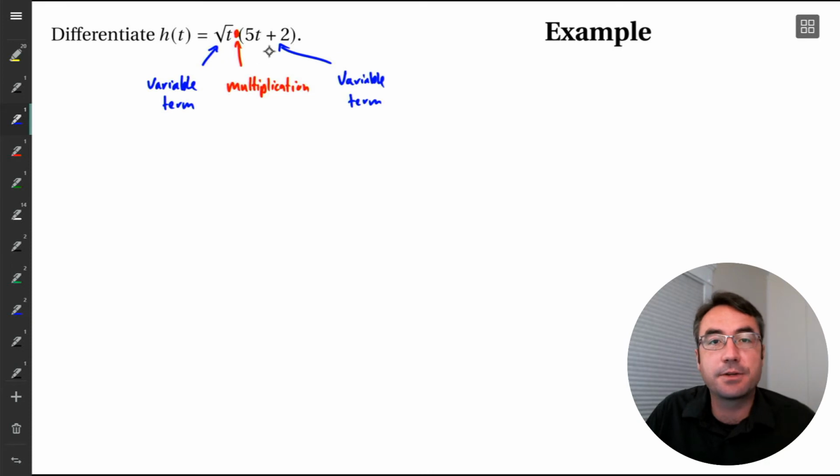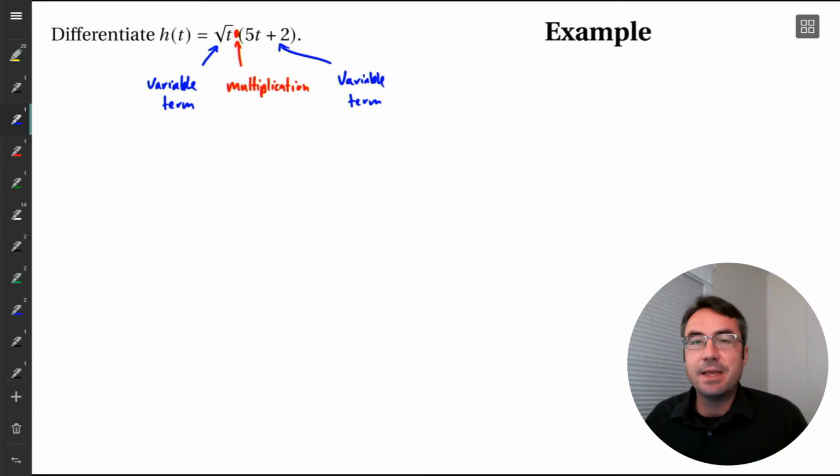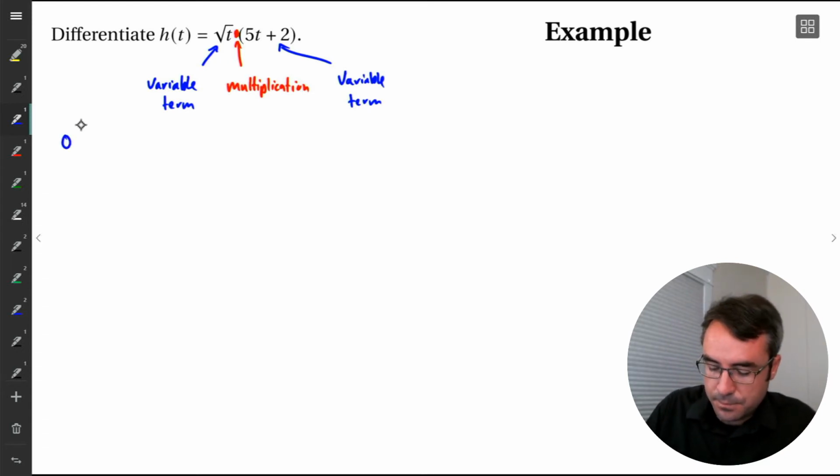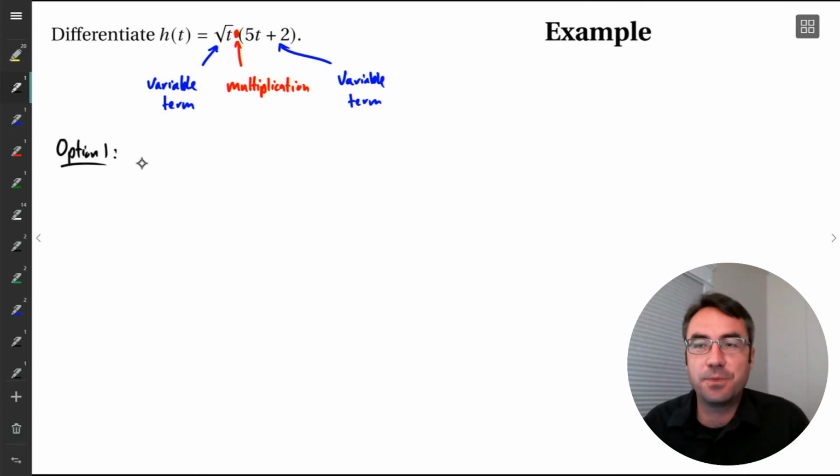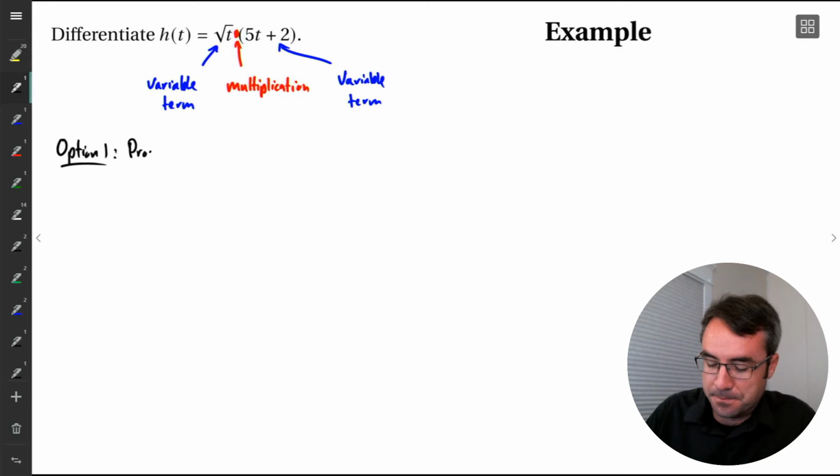So we have the product of two functions. Again, we need to potentially use product rule. So let's try it out. Option 1: we're going to do this one two ways. First way, product rule.